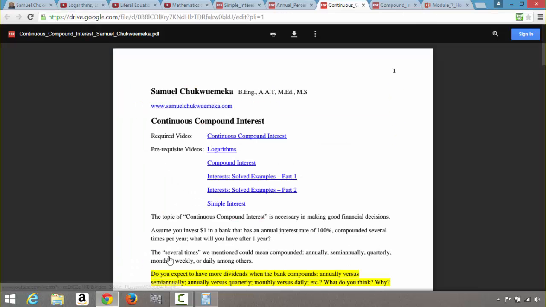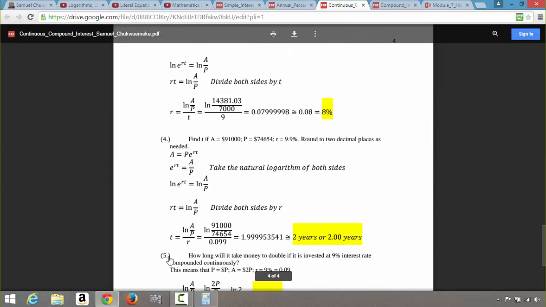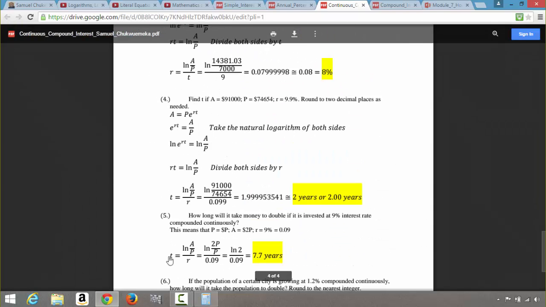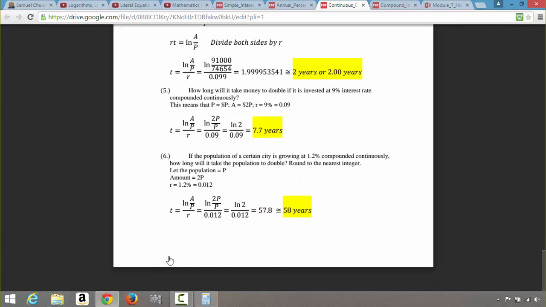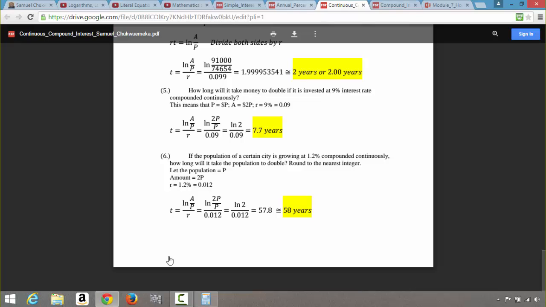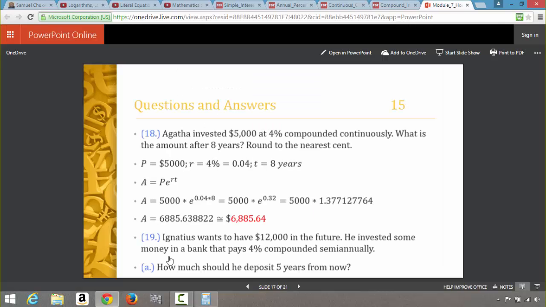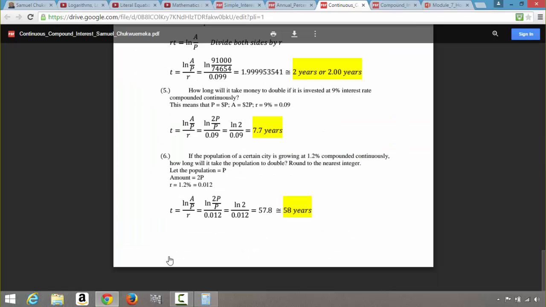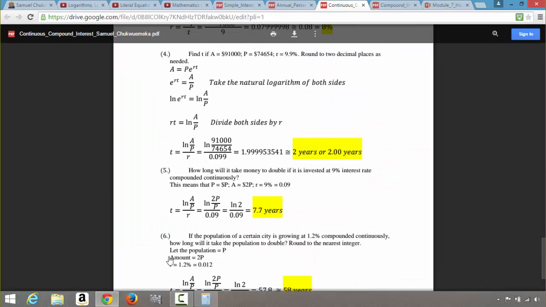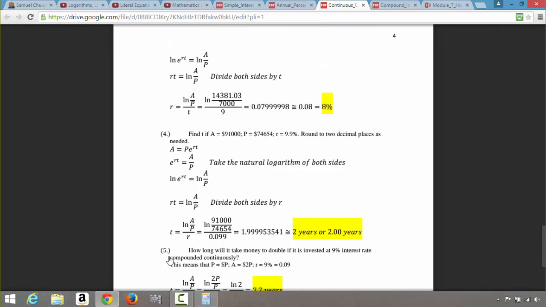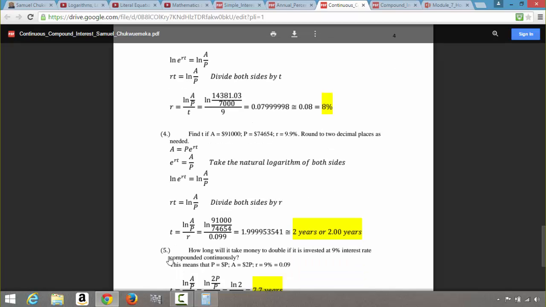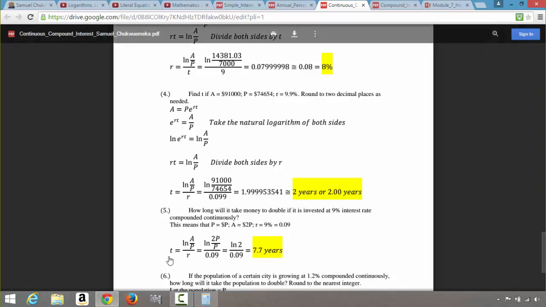We also did an example like this here, continuously finding A. We did examples like the previous one, and also examples 4 and 5.